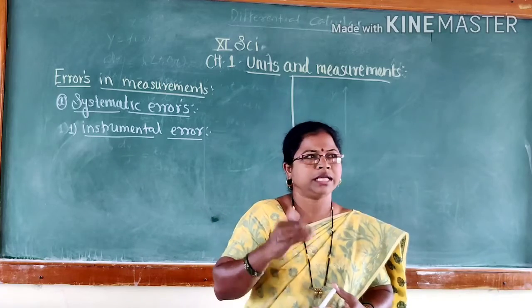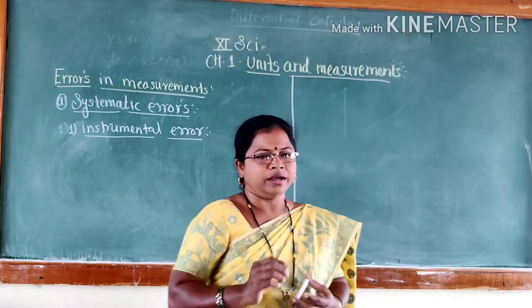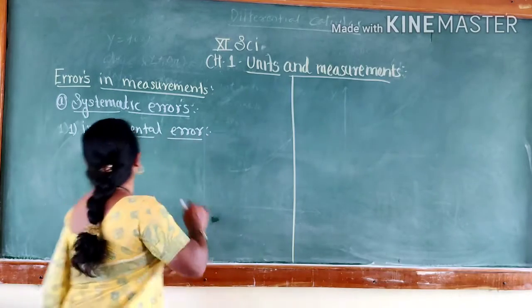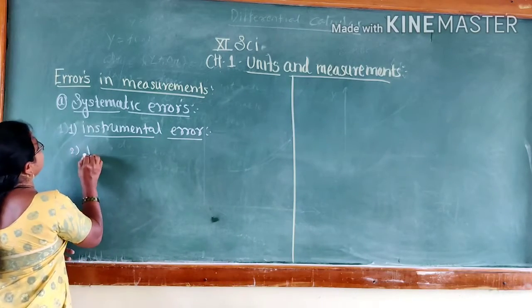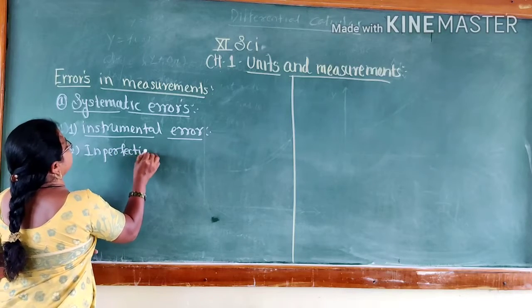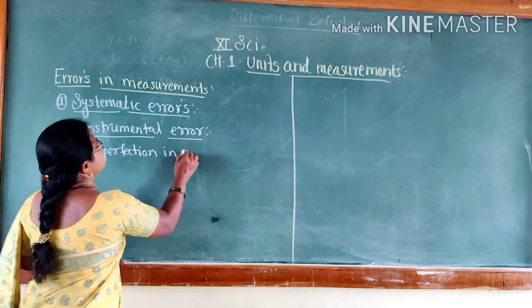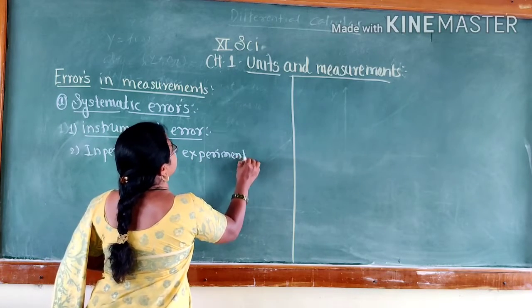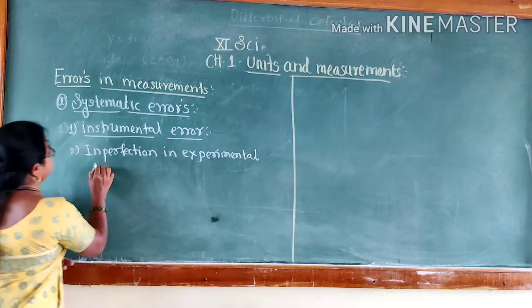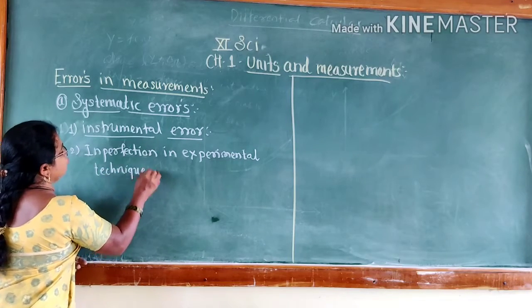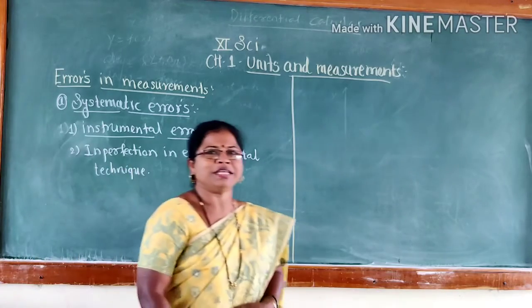Then the second one is error due to imperfection in experimental technique. Which technique you are using for measuring?